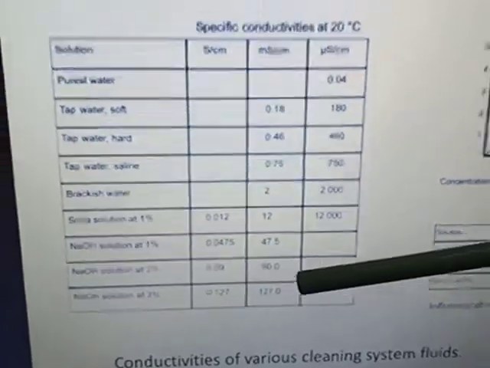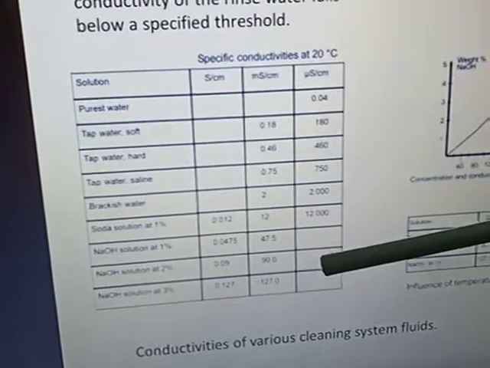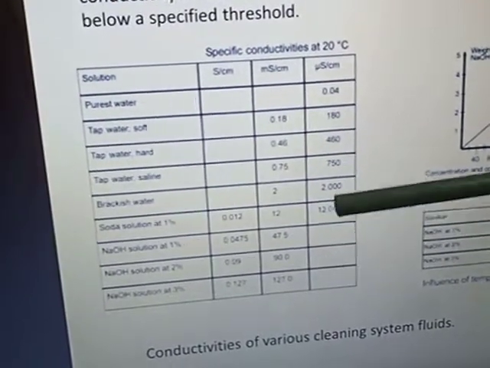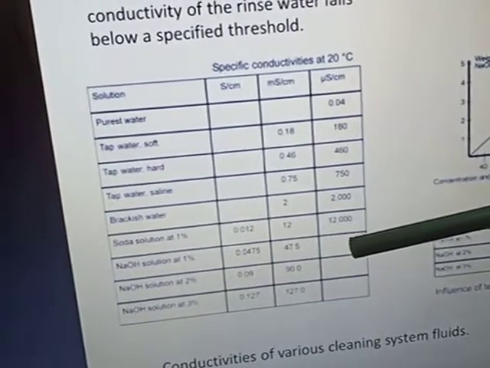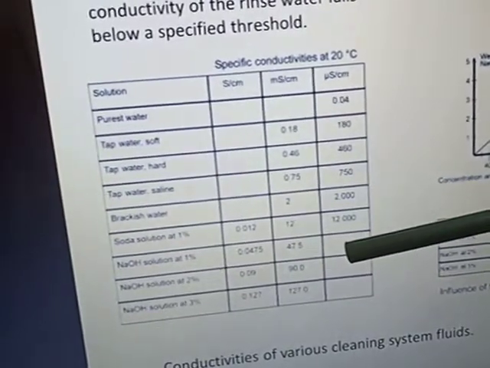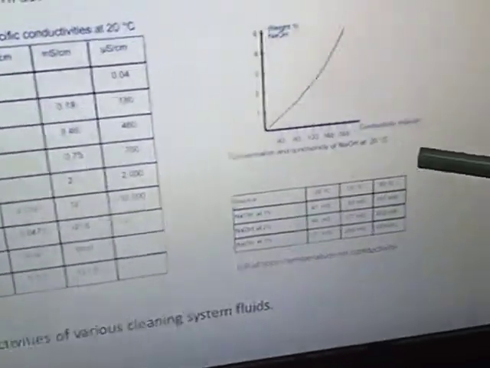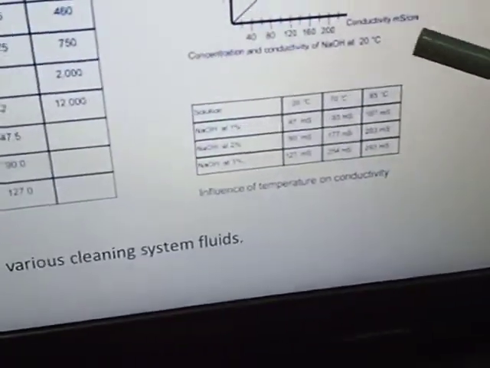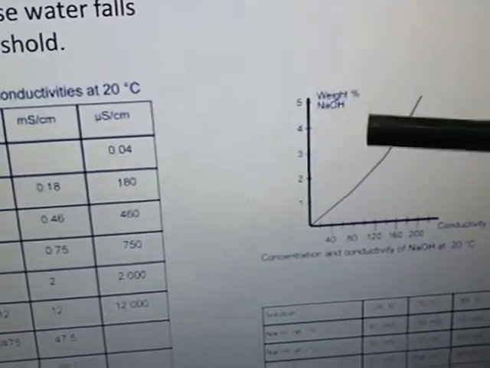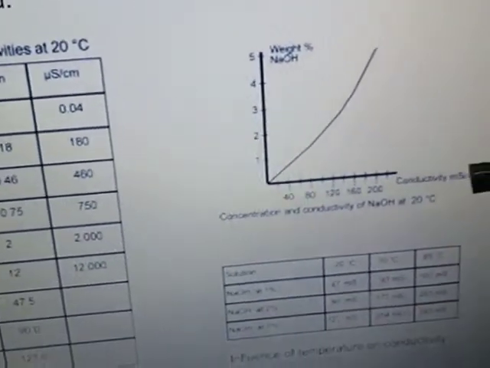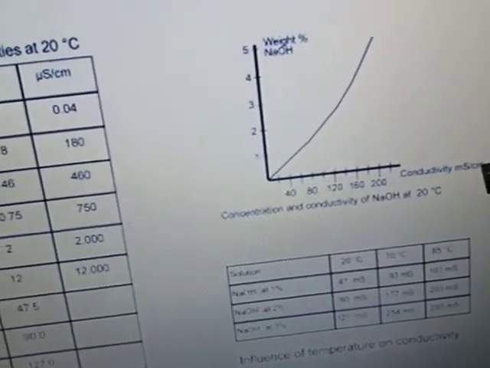So these numbers are very important if you measure the conductivity of water. If you still have conductivity measurement values, then the water is still not pure, so you need to do the rinsing more. Okay, so this is the graph of weight of natrium hydroxide against the conductivity in terms of millisiemens.